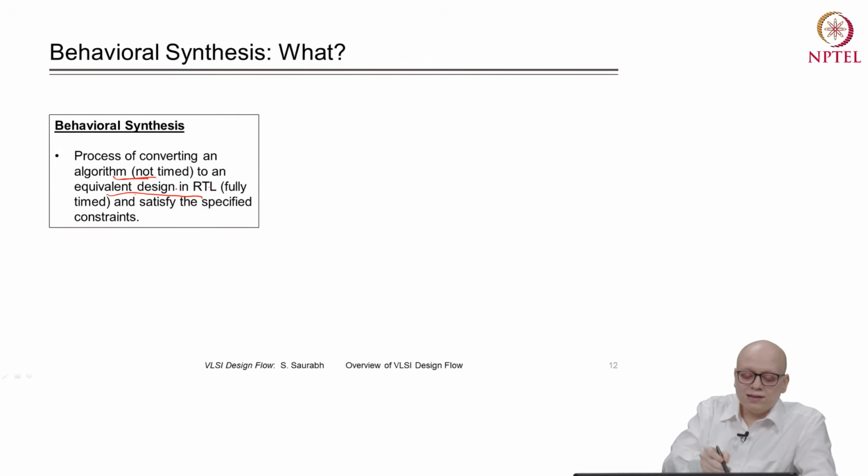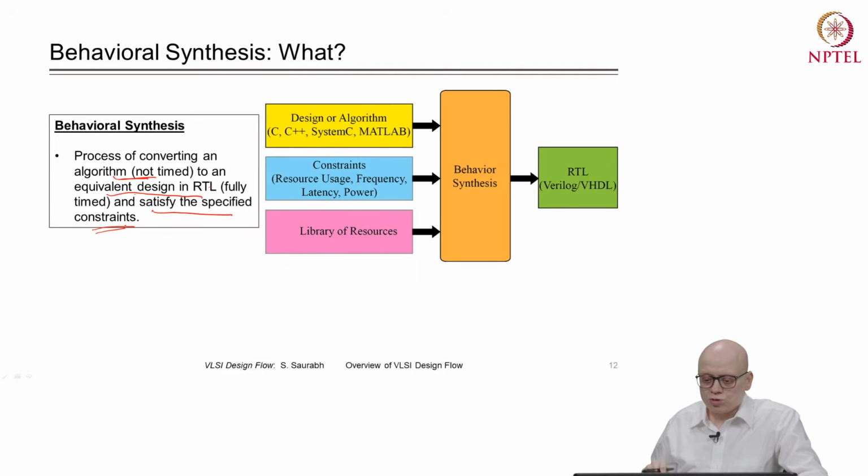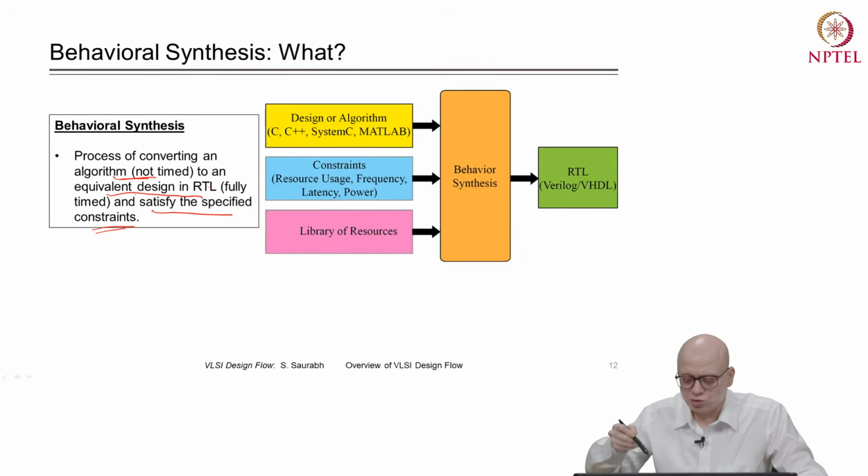And while doing this transformation, it must satisfy the specified constraints of resource uses, latency and other things that we'll see, right? So the framework of behavior synthesis is shown in this figure.